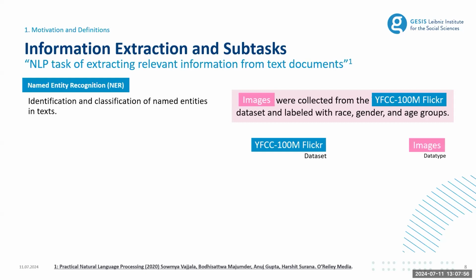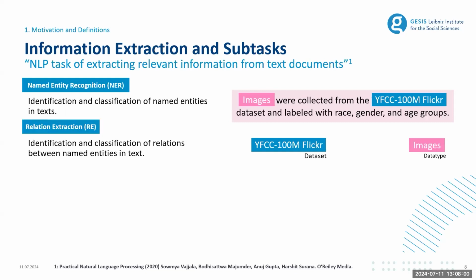In this example, dataset and data type. The second step includes the relation extraction. So we link the mention of the dataset in our example to the data type and classify the relation type, for example, has instance type.